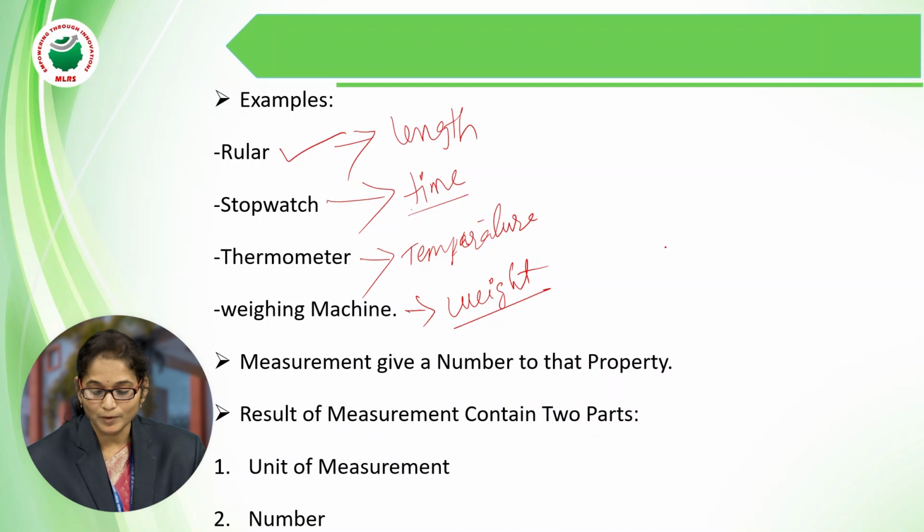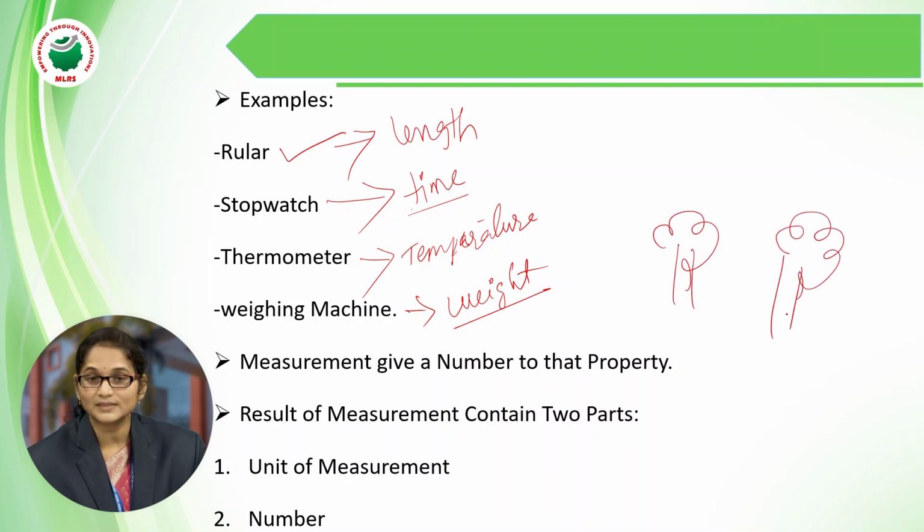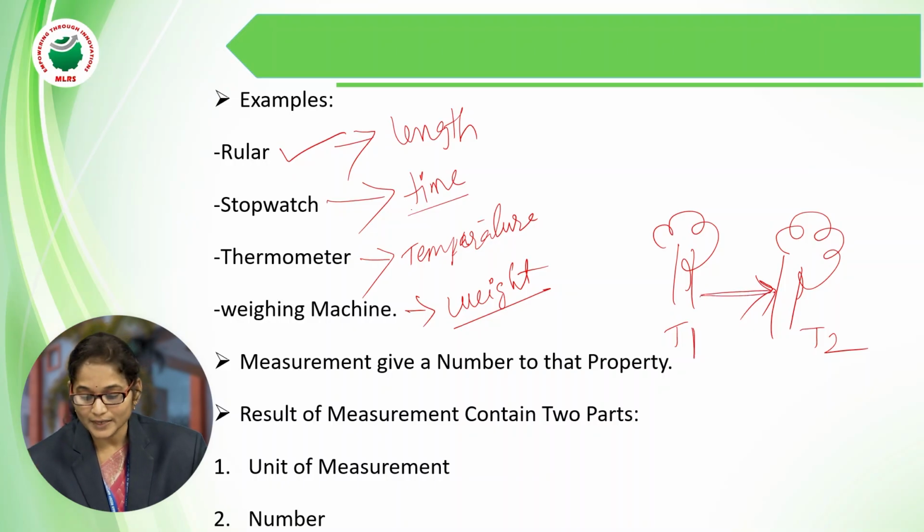For example, I am going to compare two quantities. This is tree 1 and this is tree 2. What is the distance between tree 1 and tree 2? One quantity is known to us and the other is the unknown value.